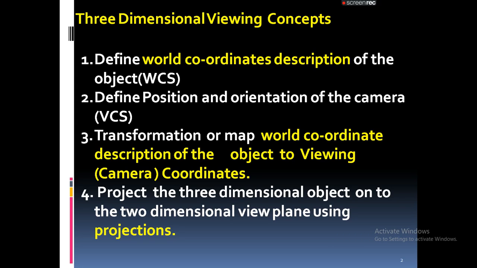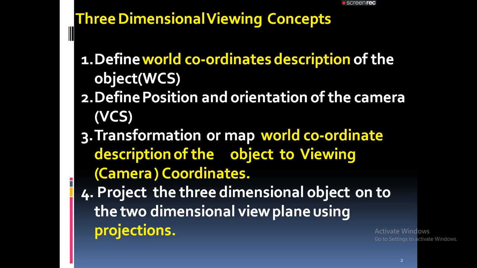Third, perform transformations from the world coordinate system to the viewing coordinate system. Viewing coordinates means here camera coordinates. Once you perform the mapping from world coordinate system to viewing coordinate system, finally you use the projections concept to display the three-dimensional object on a view plane.